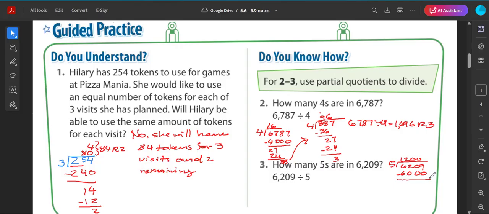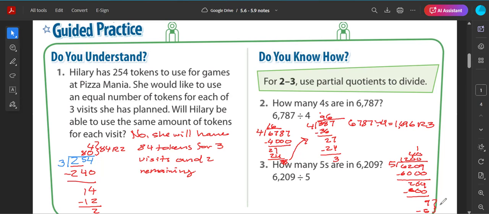And now when I subtract it, I'll have 20 on the bottom right here. 5 can go into 20, 40 times. And so I'm going to put my 20 down there, because it's technically 209. So think of it like that. And so now we're going to subtract it again. And I only have the 9 left over. 5 can go into 9 one time. So I remove the 5.